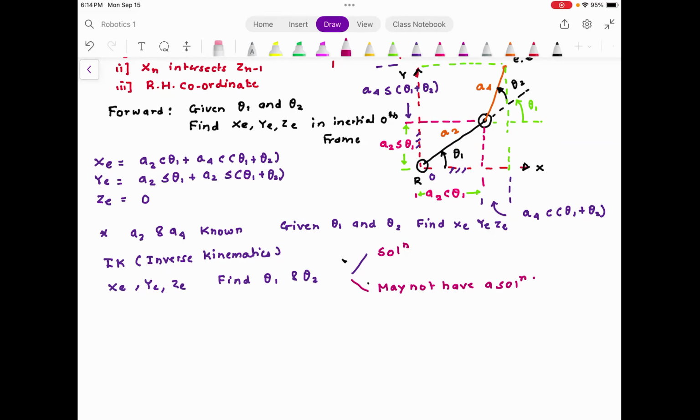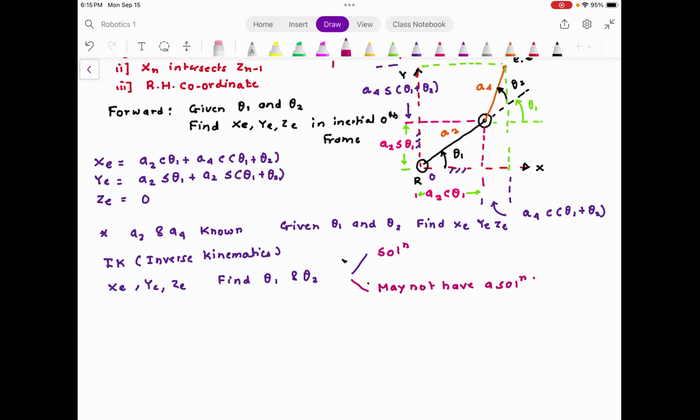Or imagine the robot is folded onto itself, then you cannot find inverse kinematic solution. So inverse kinematic solution may exist, may not exist. That is the first thing.